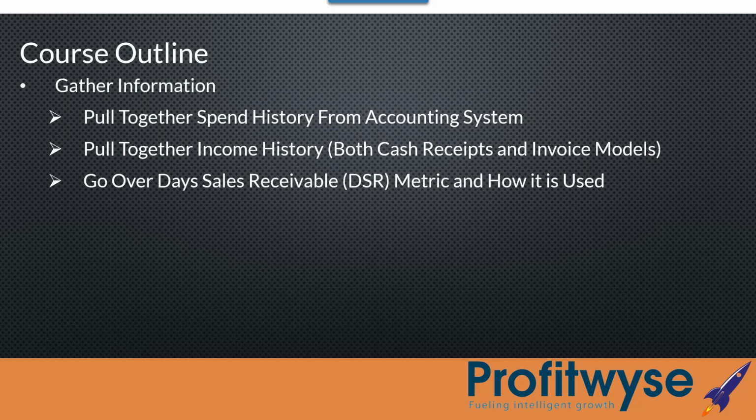Next, we're going to talk about an important aspect of the invoice model, which is a metric called Days Sales Receivable. This is a measurement of how many days it takes from the time that a customer is invoiced to the time that the cash is collected. That may be, or hopefully is, the terms that I was just talking about a minute ago.